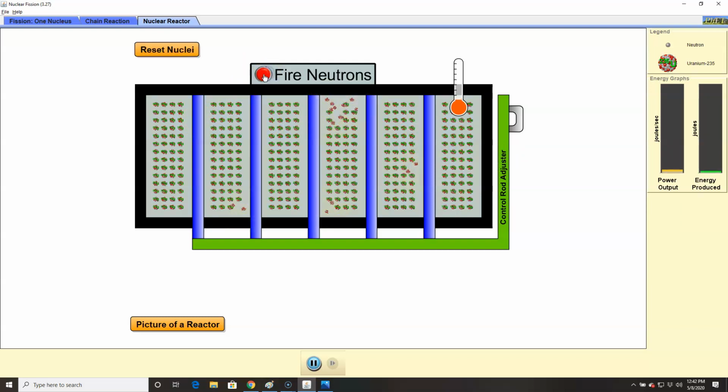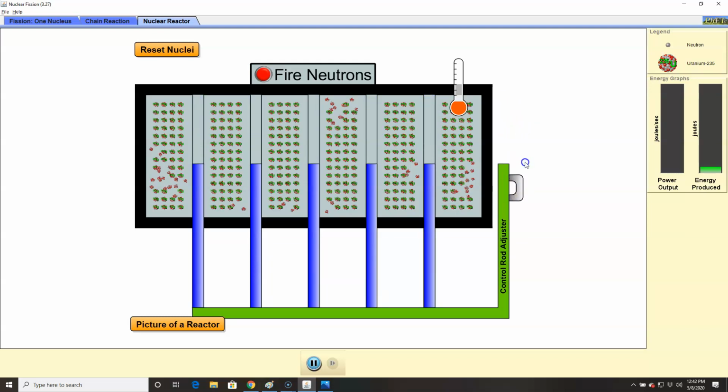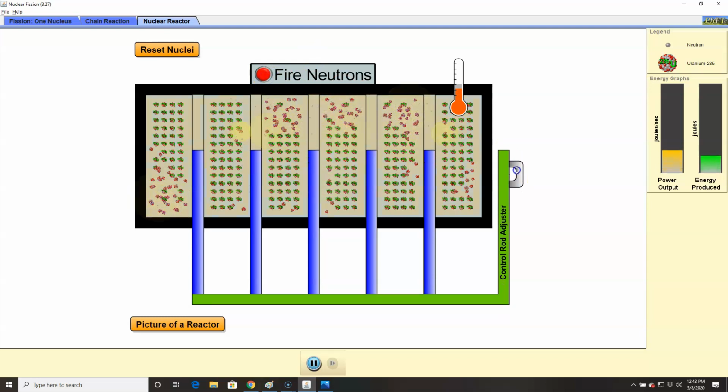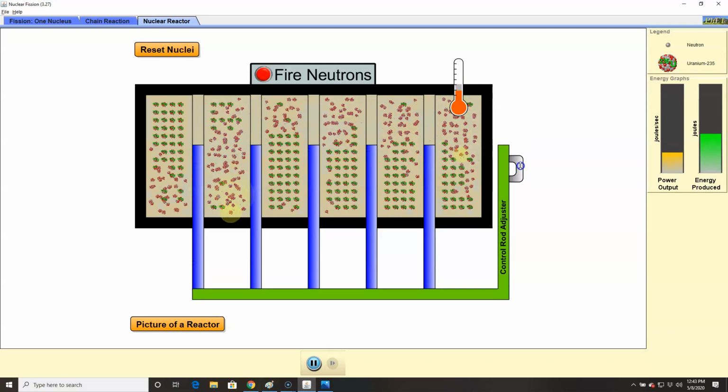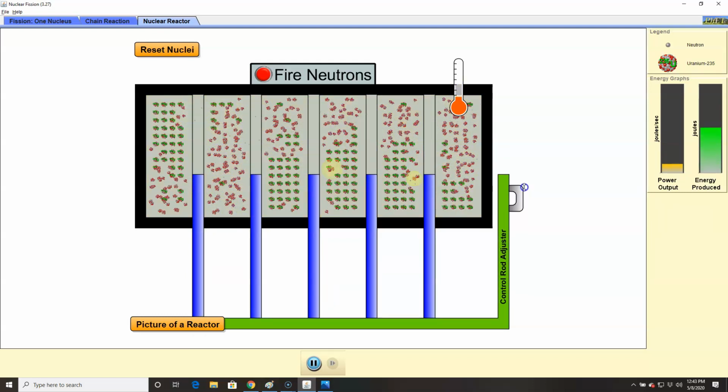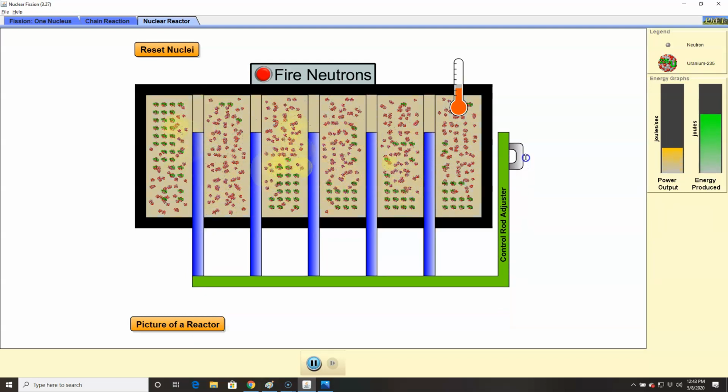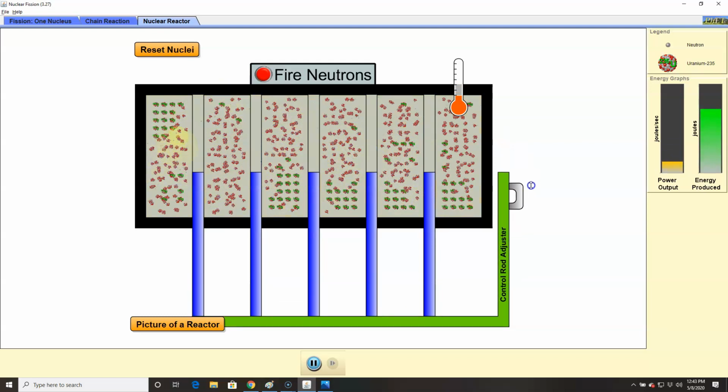So as I fire neutrons and keep firing them, eventually the reactions just fade away because the control rods stop them. So what I need to do is find a good balance between generating energy but keeping the temperature under control, moving the rods up and down as needed to make sure that I'm getting reactions but not overheating the core.